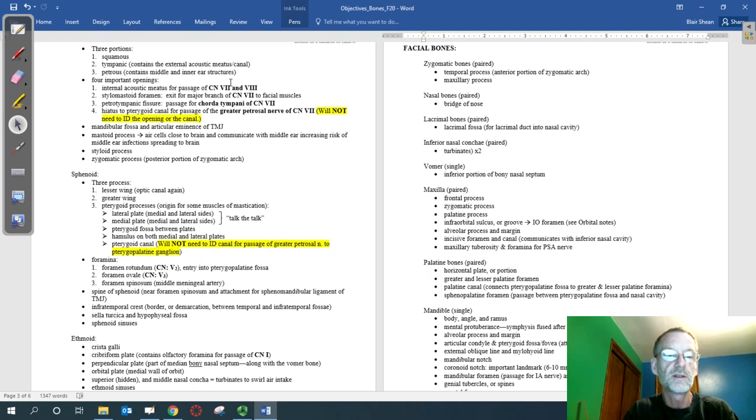I know I'm pushing you quite a bit at the beginning, but it will make it easier when we get into the nerves if we don't have to go back and learn all these different openings at the same time. And then the hiatus to the pterygoid canal for passage of the greater petrosal nerve. Note, you do not need to identify it. So I didn't put it in as something to identify.